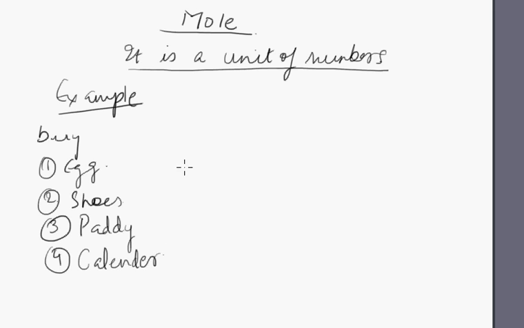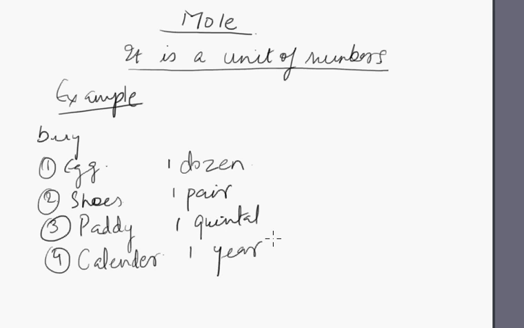Now, how will you buy? You'll say to the seller, give me 1 dozen of eggs. You'll say 1 pair of shoes. You'll say a quintal of paddy. You'll say a year of the calendar.